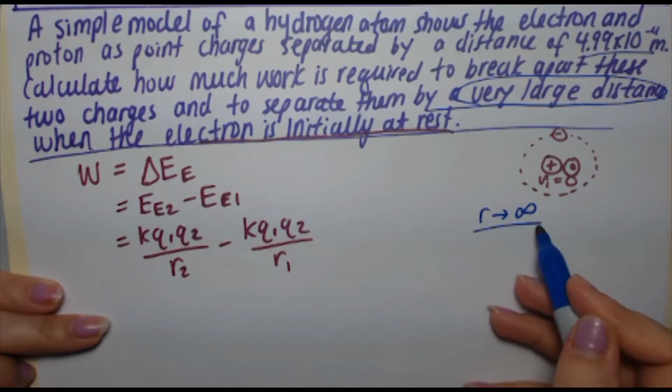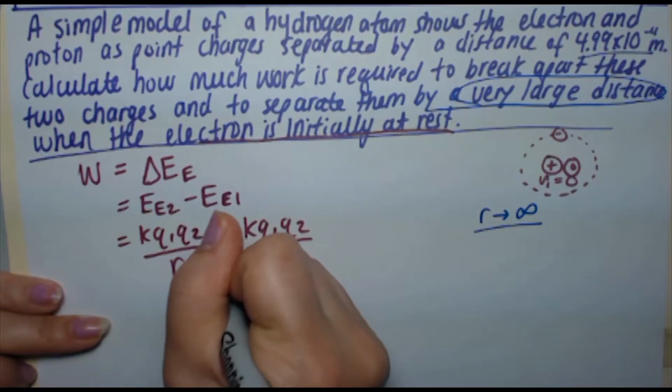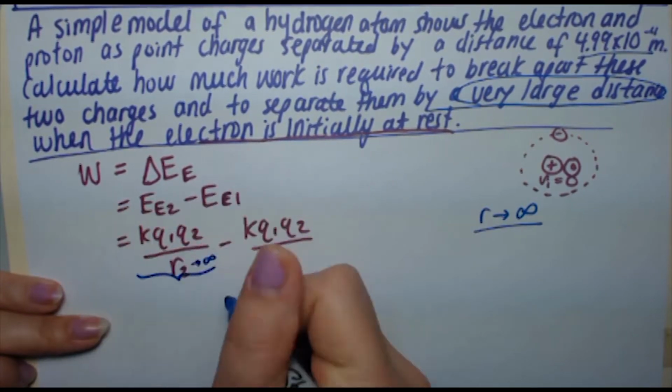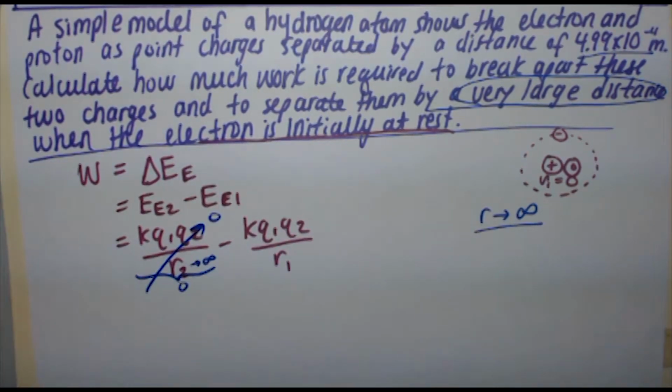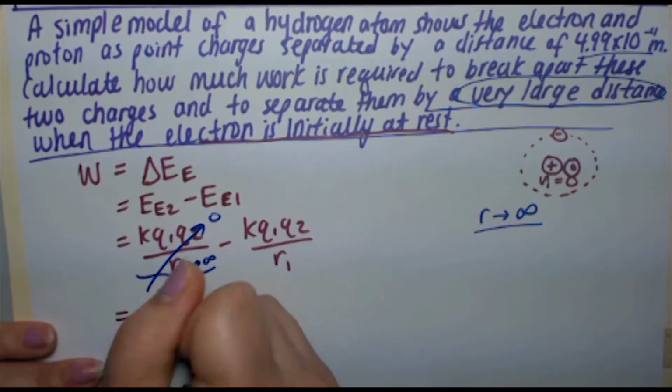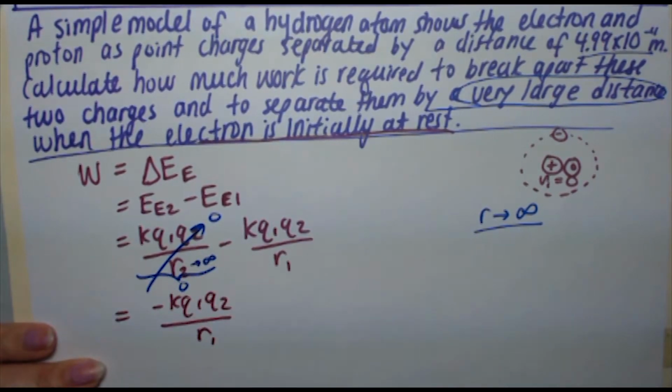If R approaches infinity, the electric potential energy approaches zero. So if R2 goes to infinity, this whole expression goes to zero. So this thing disappears, which means my work is simply minus K Q1 Q2 over R1.